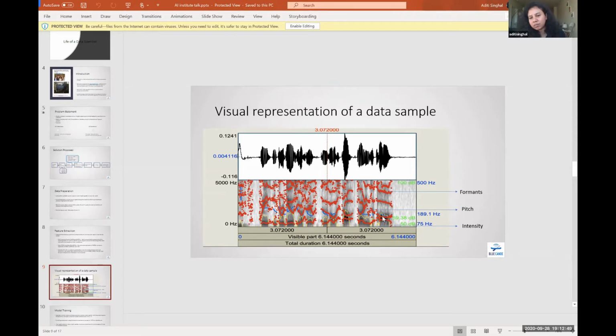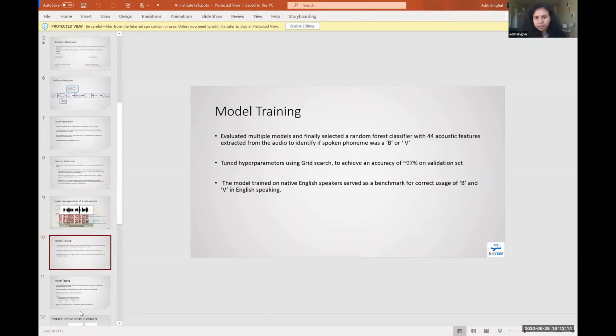These are basically some numbers that we are trying to extract from a speech signal. F0 is the pitch, which is the lowest red line that you can see. And then there's intensity. When you calculate all the MFCCs, delta MFCCs, delta-delta MFCCs, and formants, they give you about 44 features for an audio signal. So that's what we had, about 44 features in our data, and our label was B or V.